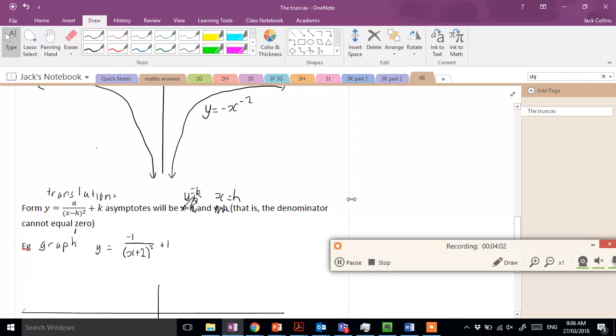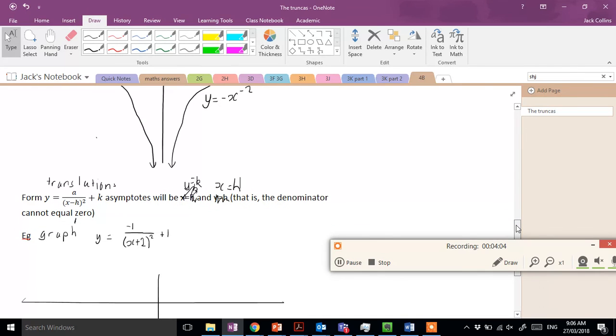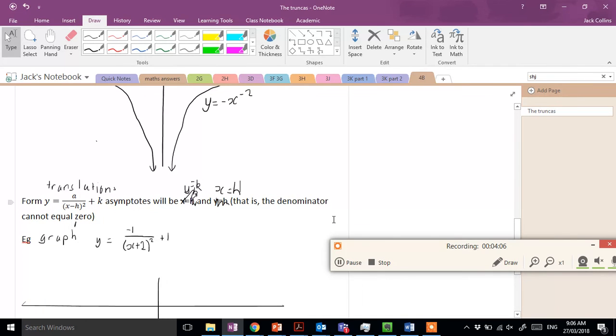Apologise for that, guys, there was a mistake there. That's why you always have to check your working. So y is equal to k, x is equal to h means that the denominator cannot be equal to 0.